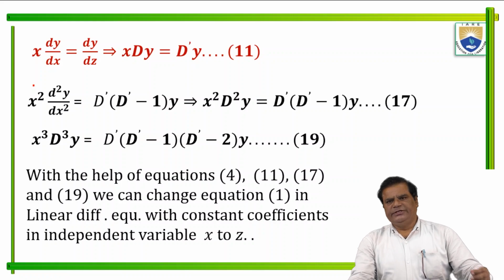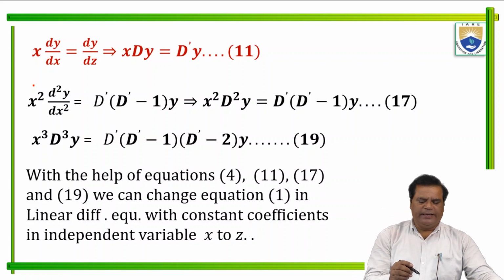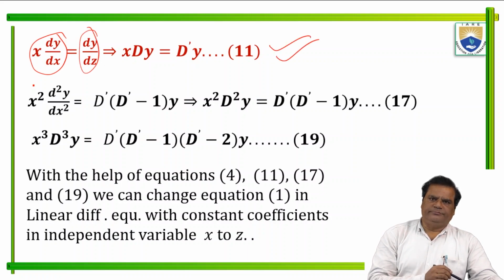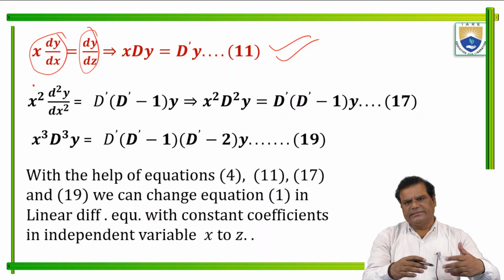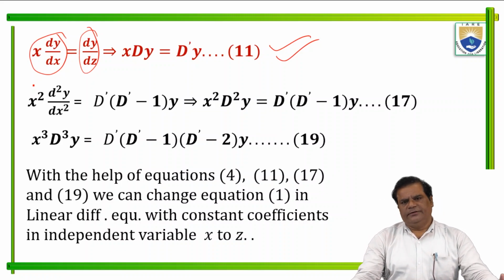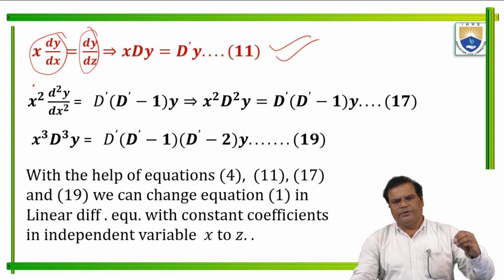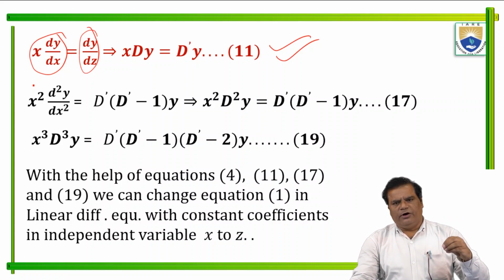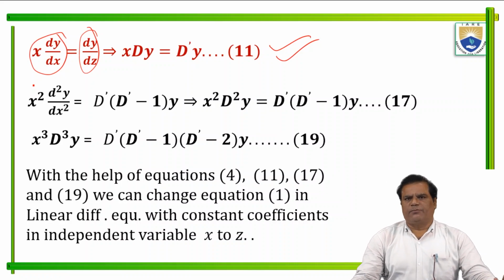Finally, we see that the first formula is x dy dx equals dy dz. We proved equation 11. We discussed in detail how we can prove it in the last slide, so study the last slide thoroughly, then you can understand this formula.